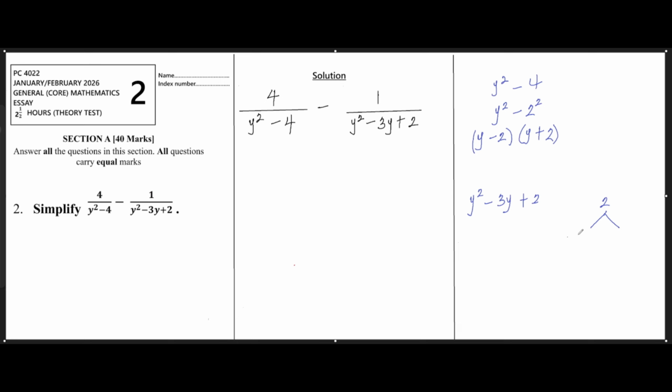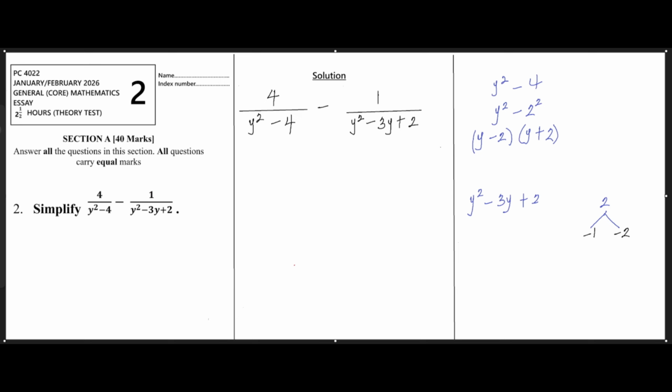In other words, we are looking for two numbers such that when you multiply the two numbers, it should give us positive 2. At the same time, when we add up these two numbers, it should give us negative 3. So what are the numbers? The numbers we have are minus 1 and minus 2. Because minus 1 multiplied by minus 2 is positive 2, and minus 1 plus minus 2 is minus 3.